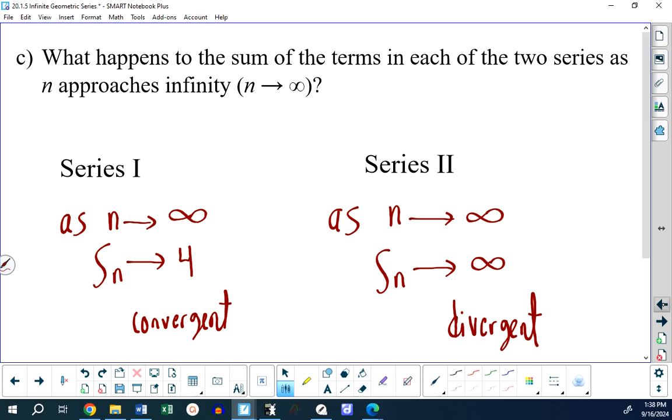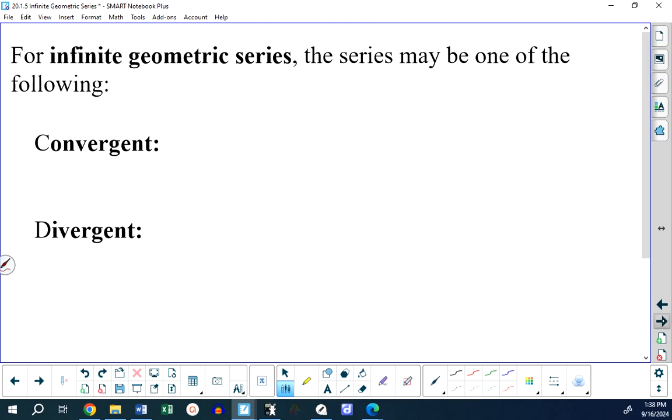So, convergent, as n approaches infinity, Sn approaches a value, a number. We can talk about the sum of the infinite number of terms.